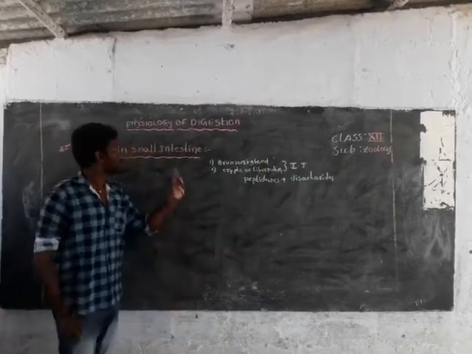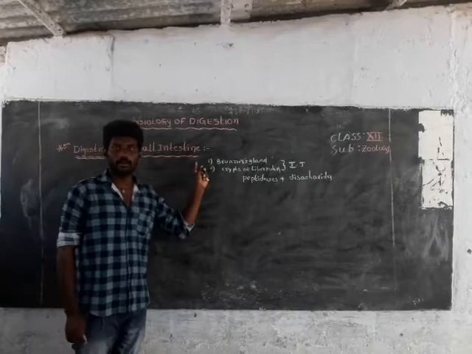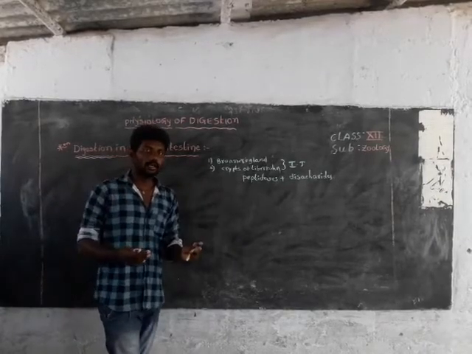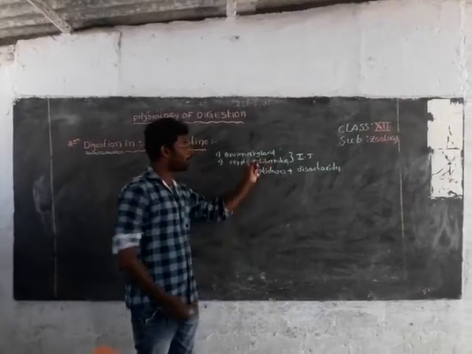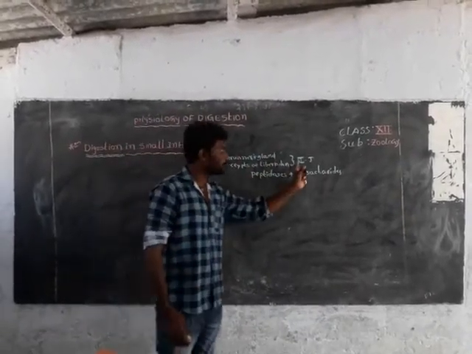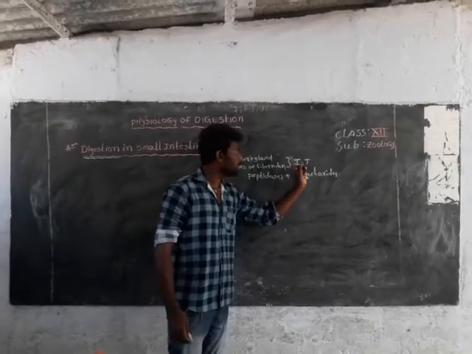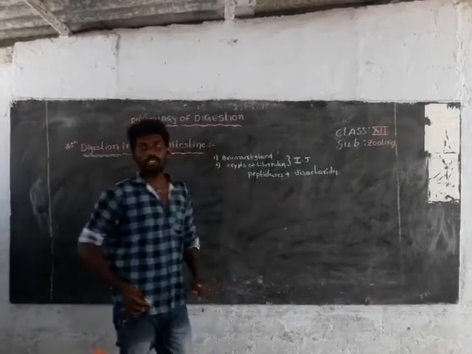So first of all, today's topic is digestion in the small intestine. The intestinal glands consist of two types of glands, Brunner's gland and the crypts of Lieberkühn. These glands secrete the intestinal juice, which contains peptidases and disaccharides.